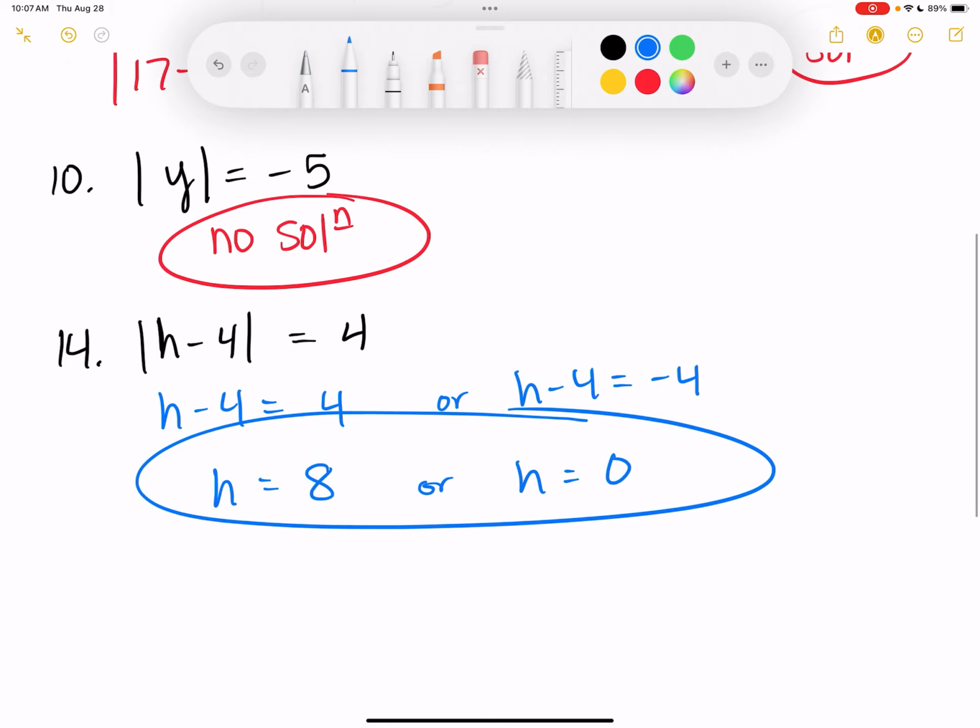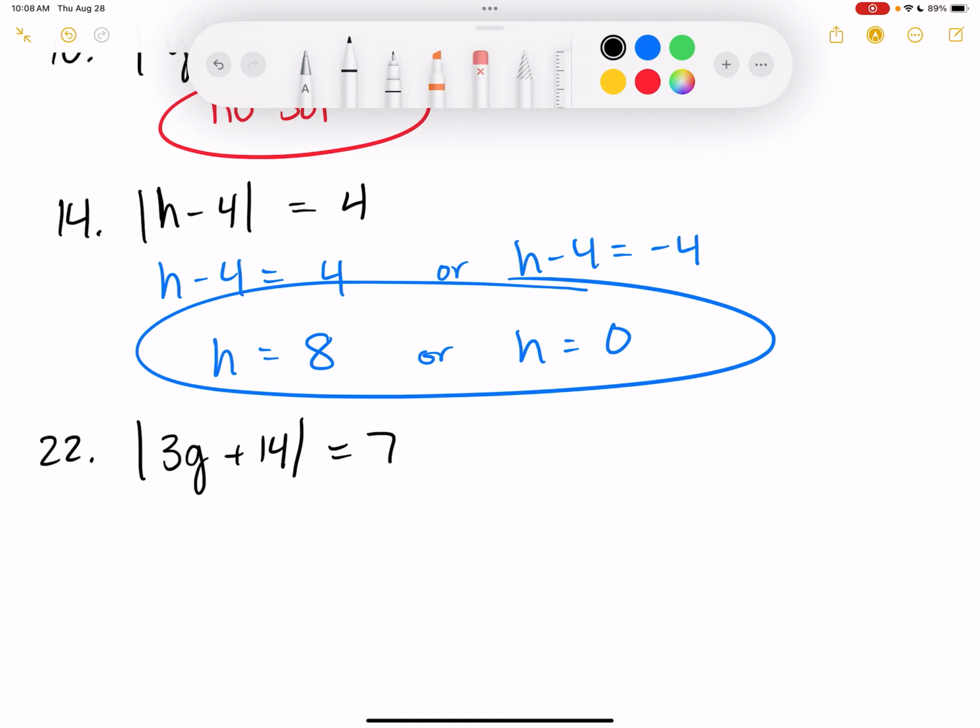22. The absolute value of 3g plus 14 is equal to 7. So I'm going to split it. Or not split it, but rewrite it. 3g plus 14 is equal to 7.